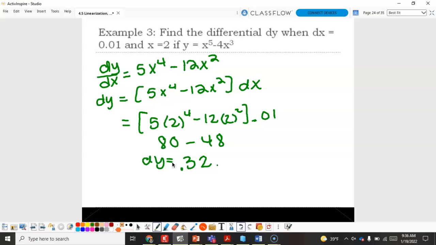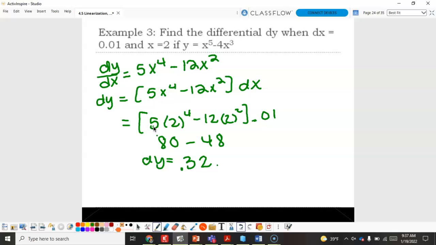This 0.32 is not the value of y. But is it the slope of the tangent line? No. The slope of the tangent line was 32, because this represented the derivative at 2. It would be like the hypotenuse if that was a triangle. I don't get how the 0.32 would be that. The 0.32 is dy.